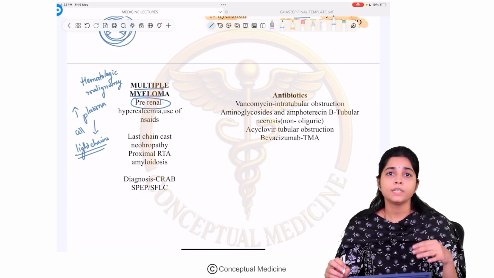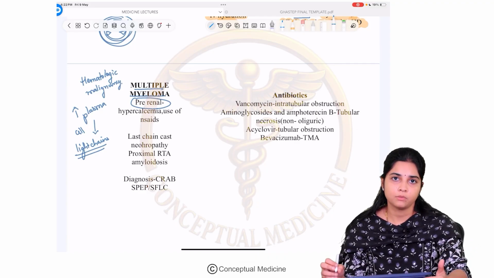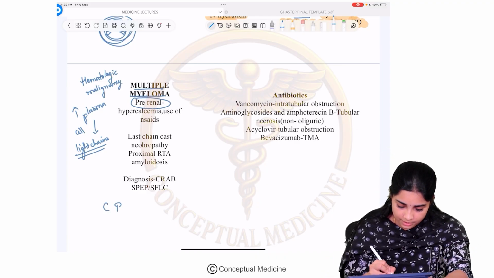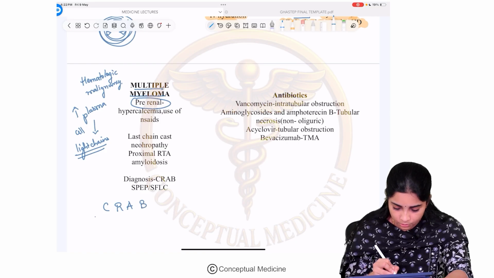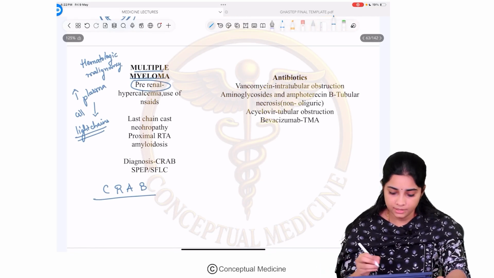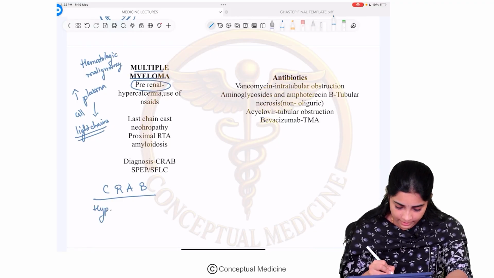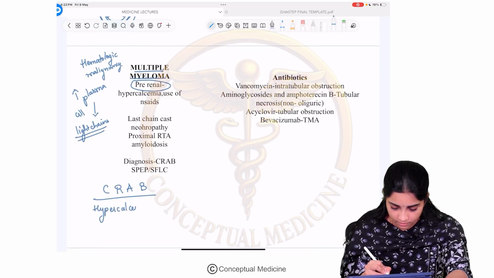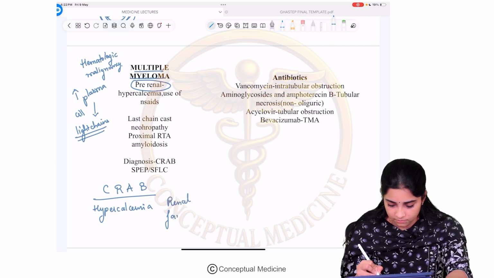So what are the associations of multiple myeloma? You would have remembered something called CRAB. So what is CRAB in multiple myeloma? It is hypercalcemia, renal failure, anemia, and bone pains.